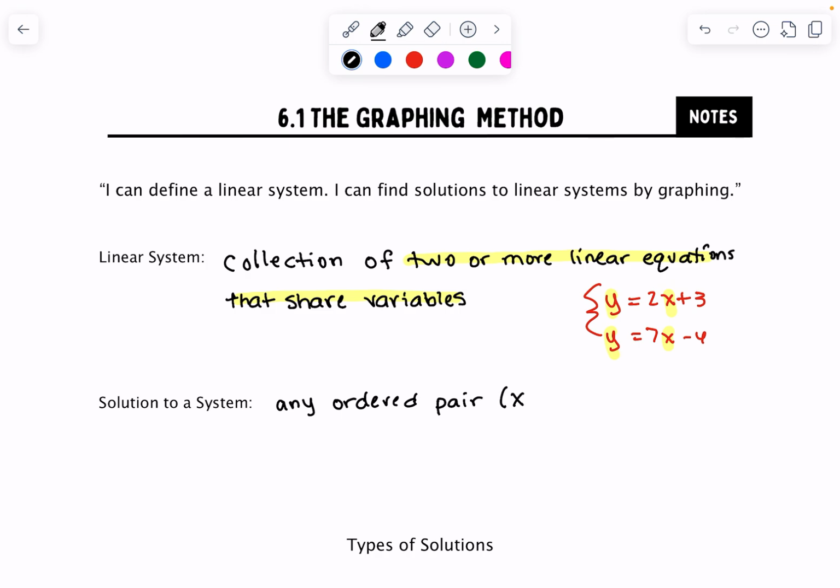We call this an ordered pair x comma y that satisfy all equations in the system. We'll get into that a little later. It means that whatever x and y is has to work in both equations.